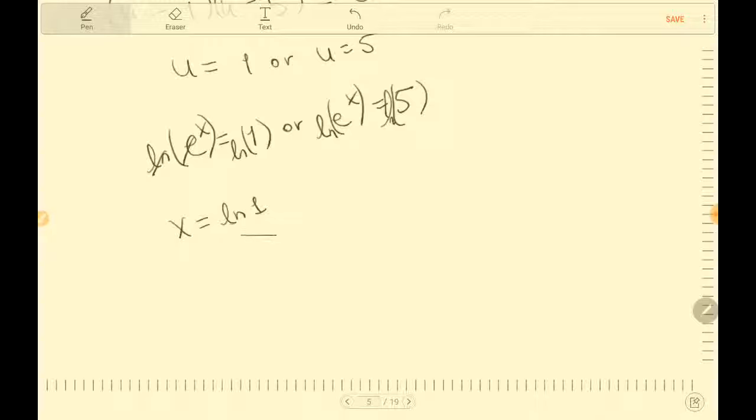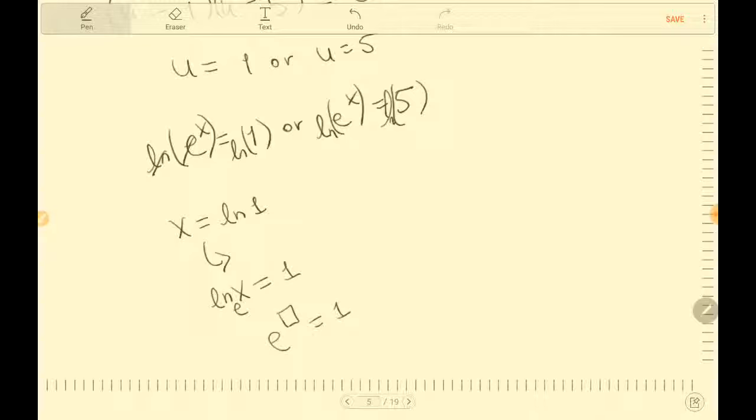If I rewrite this in exponential form, that would be the natural log, which is base e, of x equals 1. So e to what power equals 1 is the question.